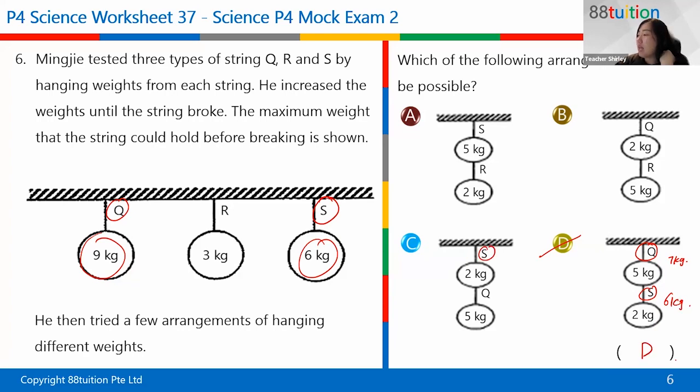S cannot work because S can hold 6, but there are a total of 7 kg. It will snap, right? This is the same as well. There are a total of 7 kg. So since there are a total of 7 kg, string S will snap as well. Now for string Q, it's able to hold 9 kg. So it's a total of 7 kg here. And this is 9 kg. So this one will snap as well.